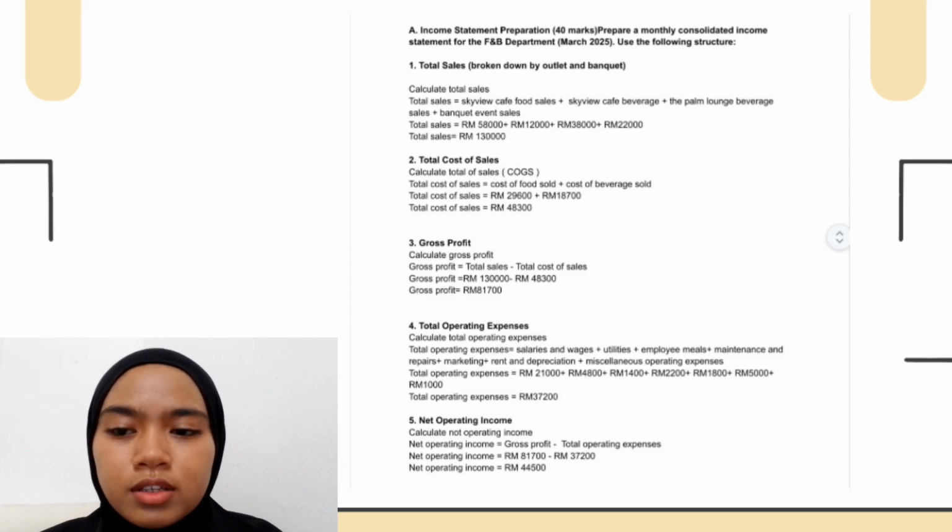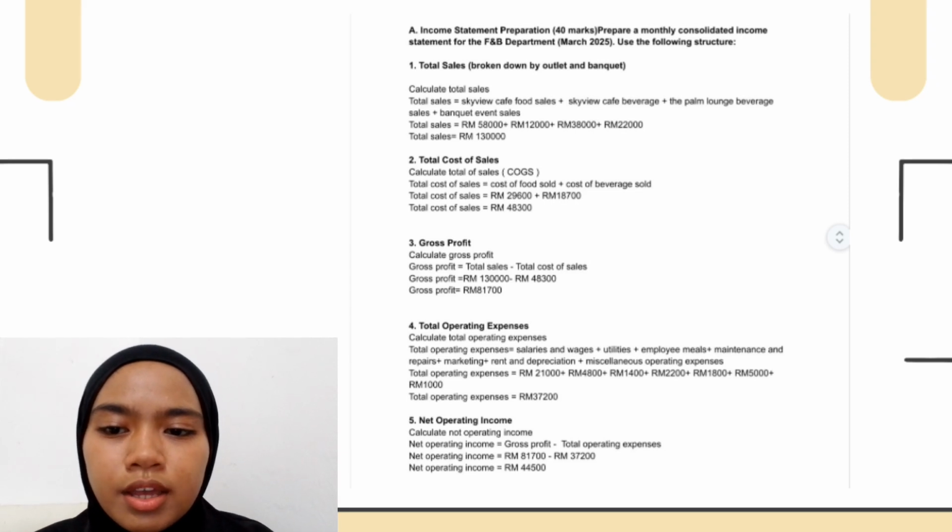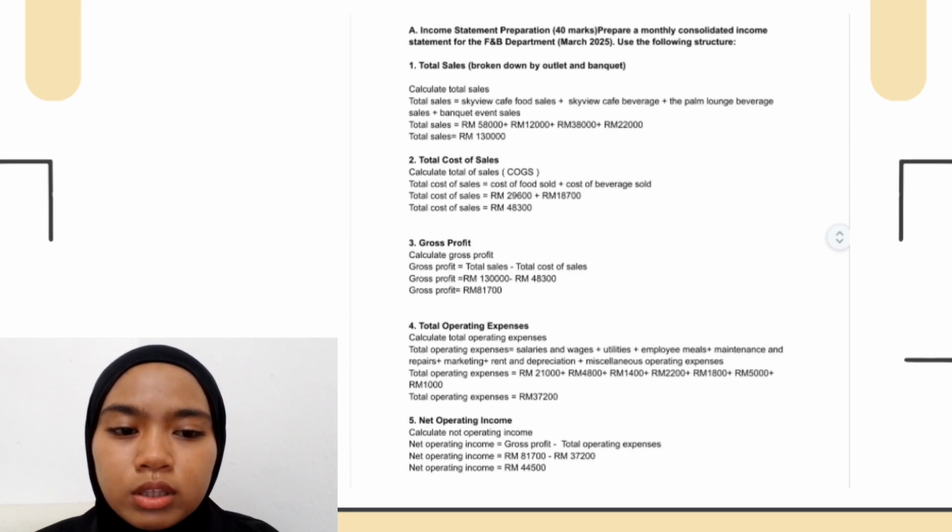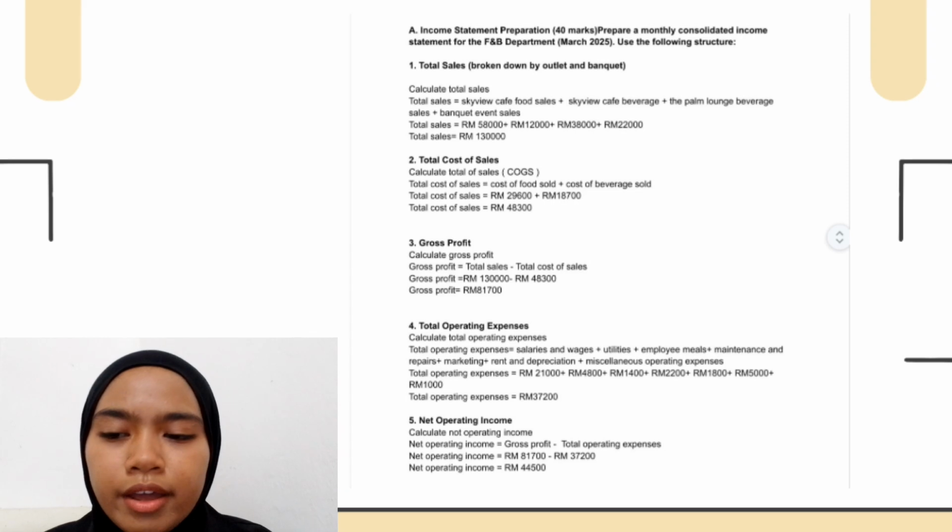Total sale is 58,000 plus 12,000 plus 38,000 plus 22,000, and total sale is 130,000.